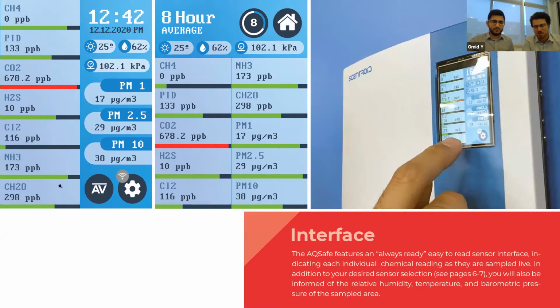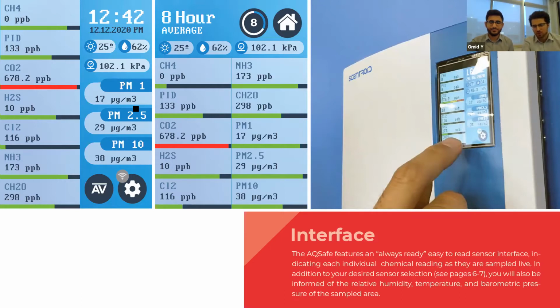These sensors can be chosen at the time of ordering. They're not fixed. In this case, we have methane, total VOCs, CO2, H2S, chlorine gas, ammonia, and formaldehyde. On the right side, we have temperature, humidity, and barometric pressure, which is by default included in the AQSafe. We also have particulate data, specifically PM1, 2.5, and 10.